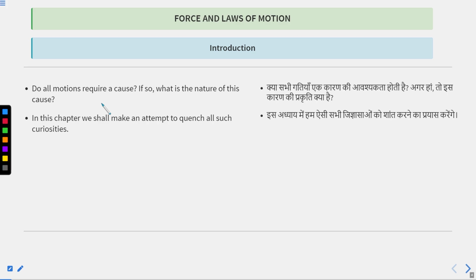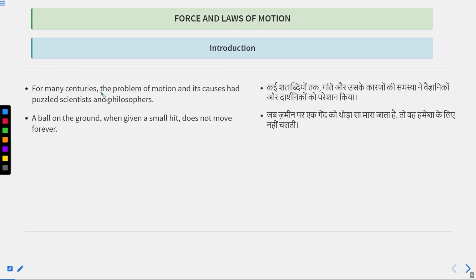So yes, motion requires a cause. Motion requires something which causes that object to move from its position. If so, what is the nature of this cause? In this chapter, we are going to learn about this cause. We shall make an attempt to quench all such curiosity. Clear, class?